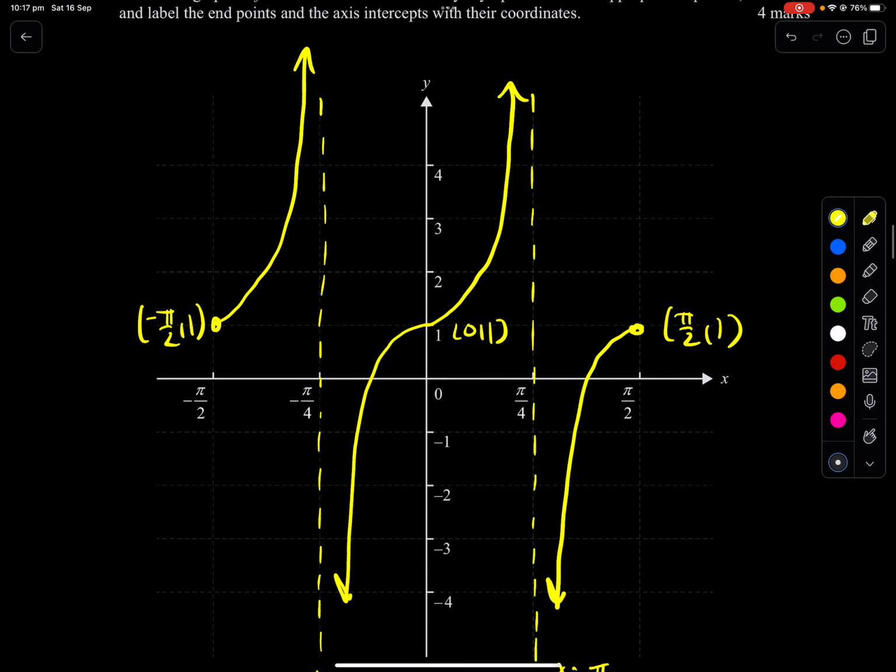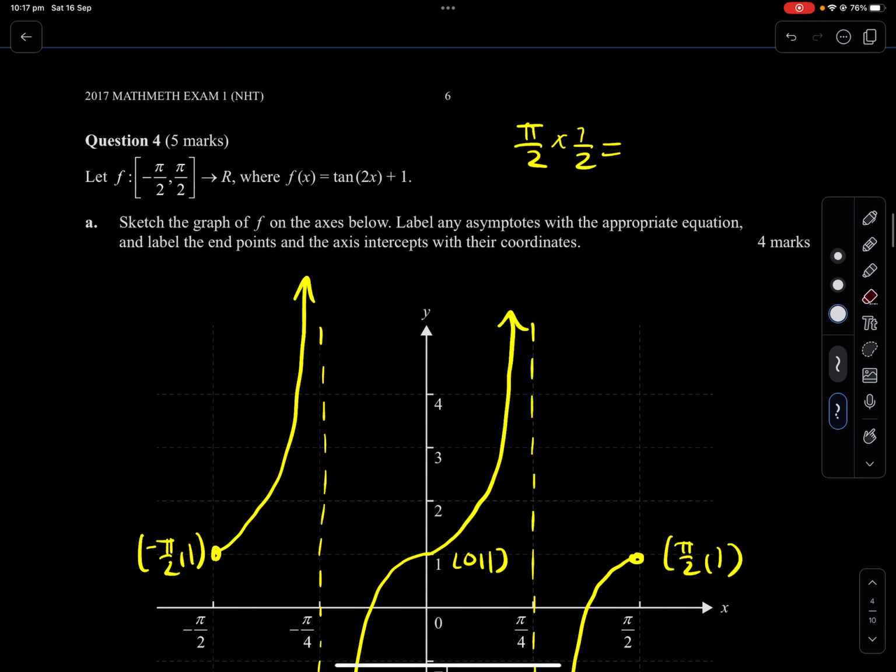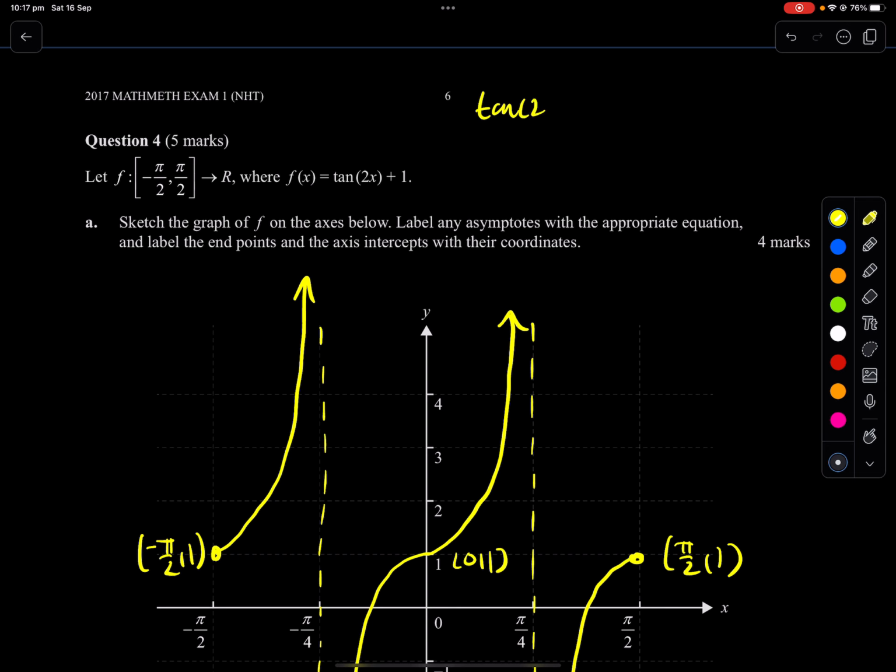And the x-axis intercepts, so let me do a quick solve. So tan 2x equals negative 1, so CAST, so here. So we can say that 2x, pi on 4 is your base angle. So we can say pi minus, oh, be careful actually, wait. I forgot the domain. So we want it from negative pi to pi.